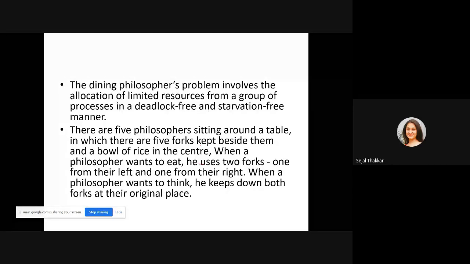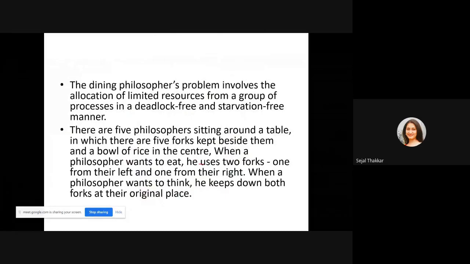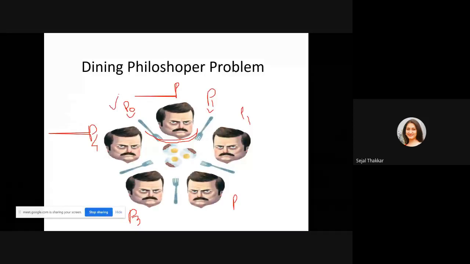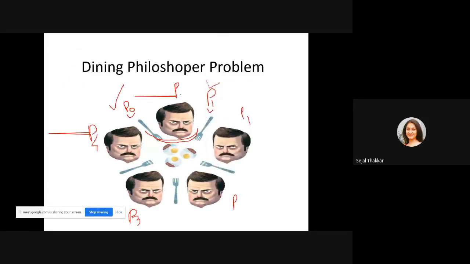When a philosopher wants to eat, they use 2 forks, one from their left side and one from their right side. When a philosopher wants to think, he puts both forks down at the original place. First he will pick the left fork. As per this image, this is the left side and this is the right side of the P0 philosopher.